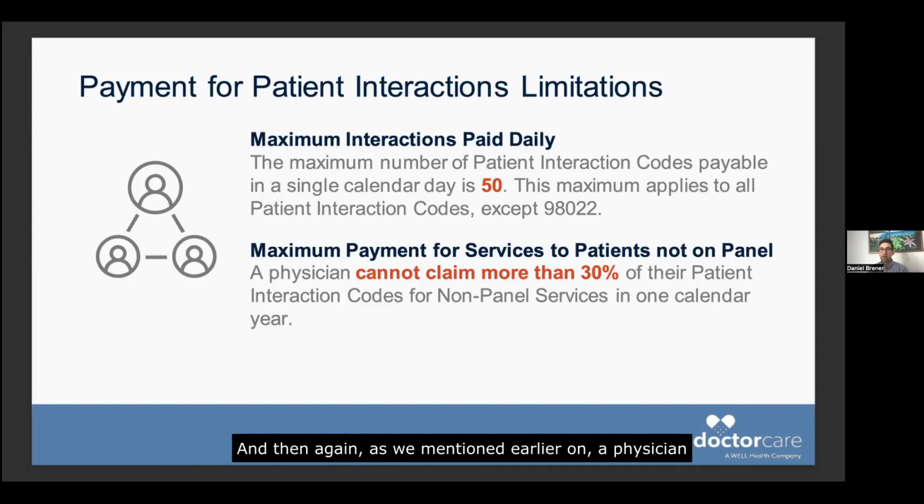And then again, as we mentioned earlier on, a physician cannot claim more than 30% of their patient interaction codes for non-panel patients in one calendar year. So the physician is not entitled to payment in excess of that 30% limit. If a physician does exceed the 30% limit, they cannot bill for additional clinic-based services for those non-panel patients.